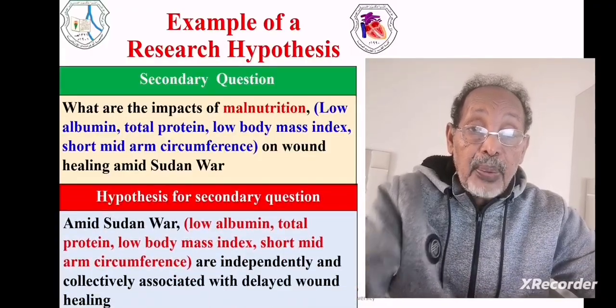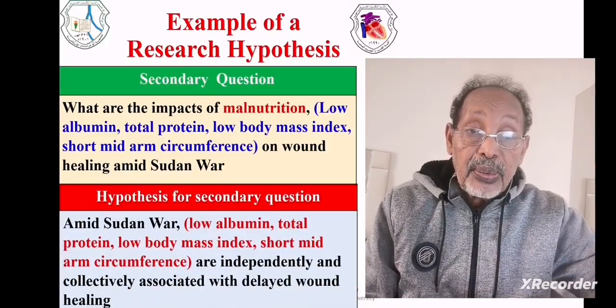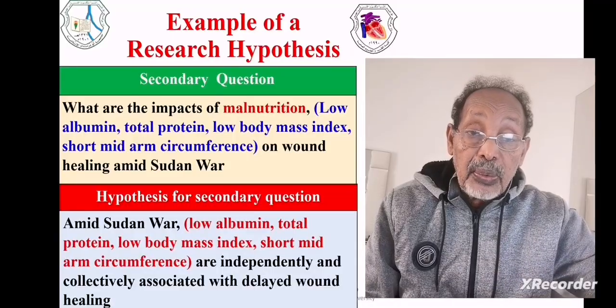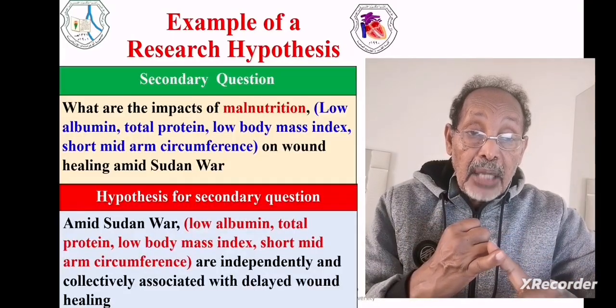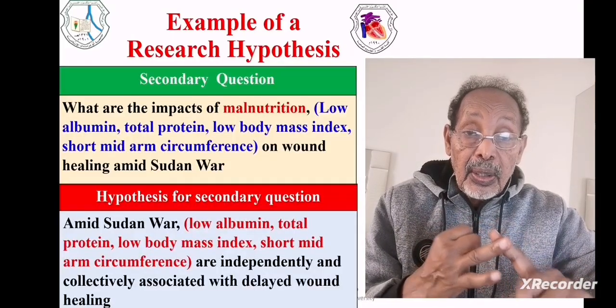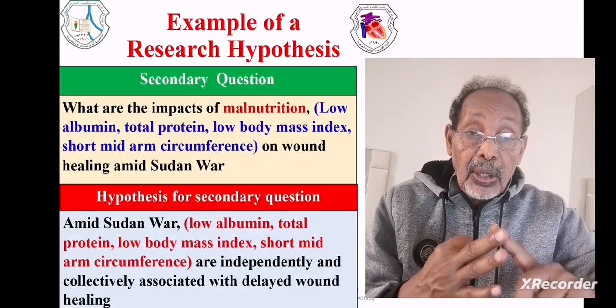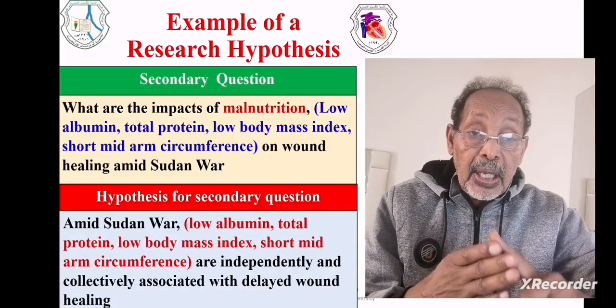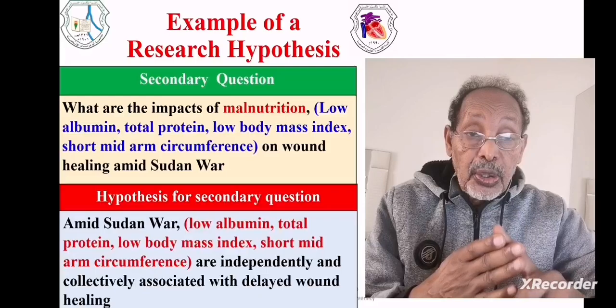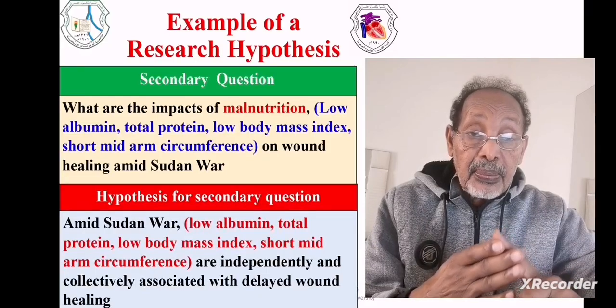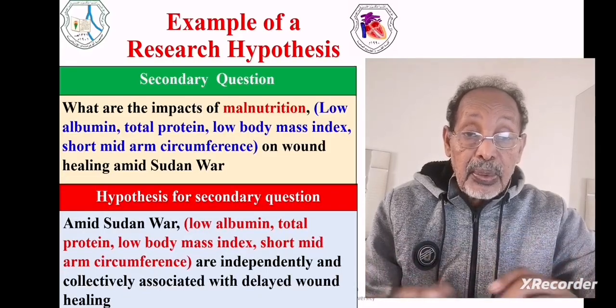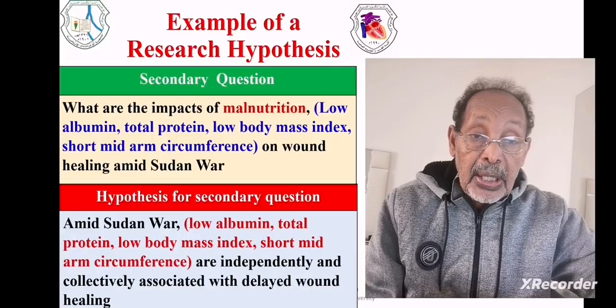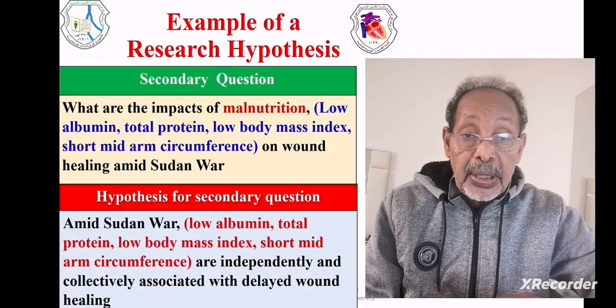And the hypothesis for this secondary question could be: amid Sudan war, low albumin, low total protein, low body mass index, a short mid-arm circumference are independently and collectively associated with delayed wound healing.